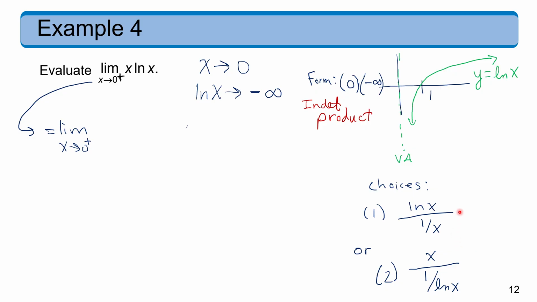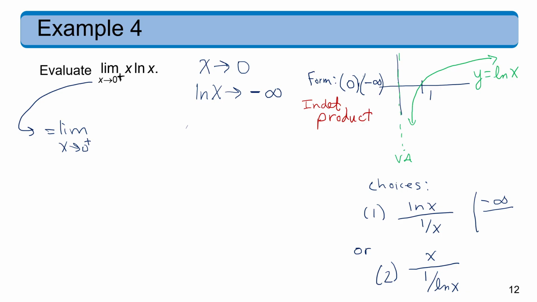If we use the top one, let's think about the numerator and denominator separately, again as x approaches 0 from the right. We know natural log x would be approaching negative infinity. So the form here, we'd have negative infinity in the numerator, and the denominator 1 over x.